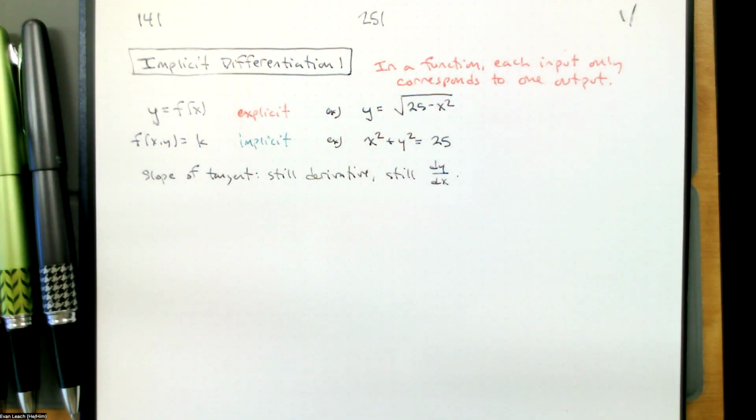It's still dy dx, change in y divided by change in x. So the idea in implicit differentiation is that we're going to find dy dx even if the y's and x's are all mixed together in some fashion.